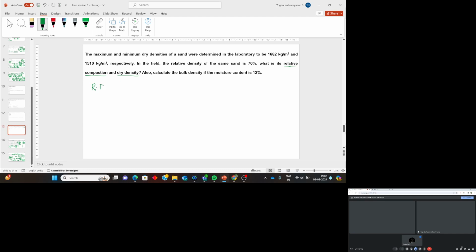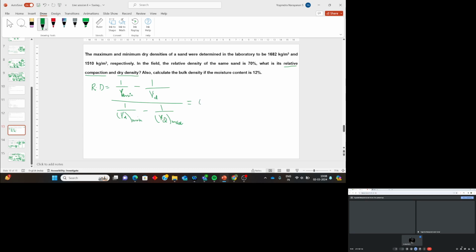Relative density is equal to 1 by gamma d minimum minus 1 by gamma d, divided by 1 by gamma d minimum minus 1 by gamma d maximum.